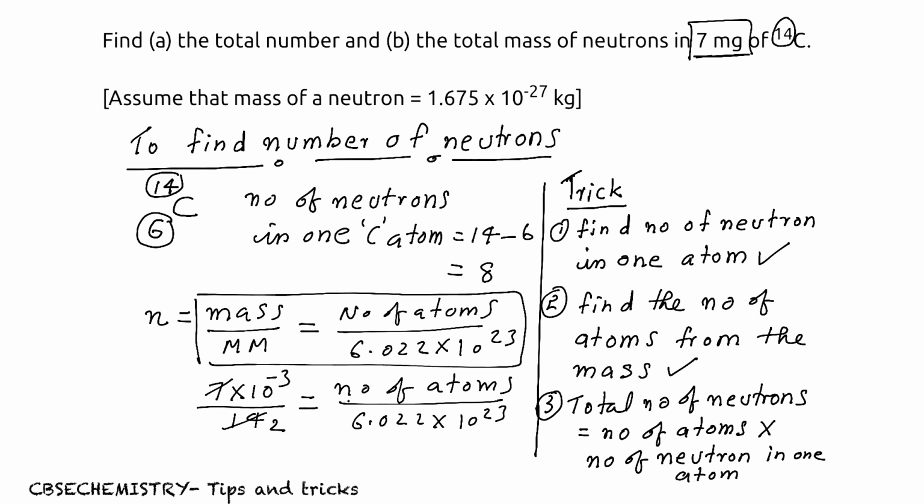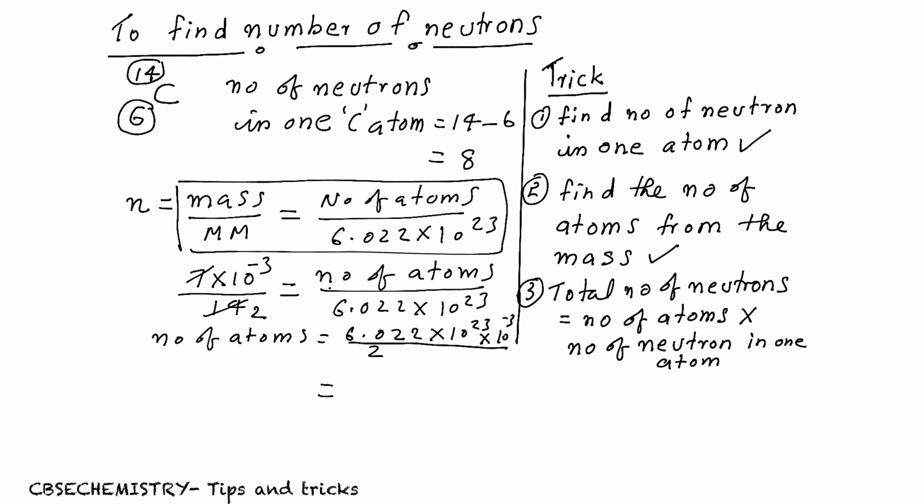So you will be getting number of atoms is equal to 6.022 into 10 raised to 23 into 10 raised to minus 3 divided by 2. Correct? So what we will get? 3.011 into 10 raised to 20.